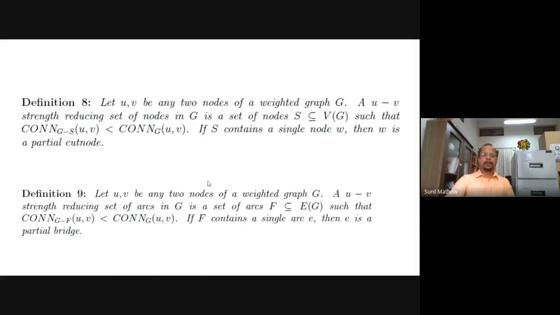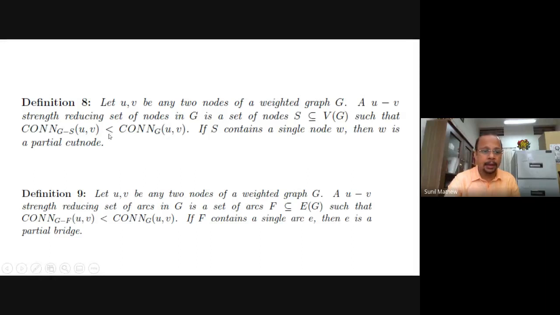Fine? Okay. Now, just look at this, let u and v be any two nodes of a weighted graph. A uv strength reducing set of nodes in G is a set of nodes such that, what is the difference here? I am looking at a specific pair. Because in Menger's theorem, I need a very, very specific pair. So instead of the whole graph or network, I select two nodes u and v, and just find if such a set exists or not. If they are connected by an alpha strong edge, there cannot exist such a set.